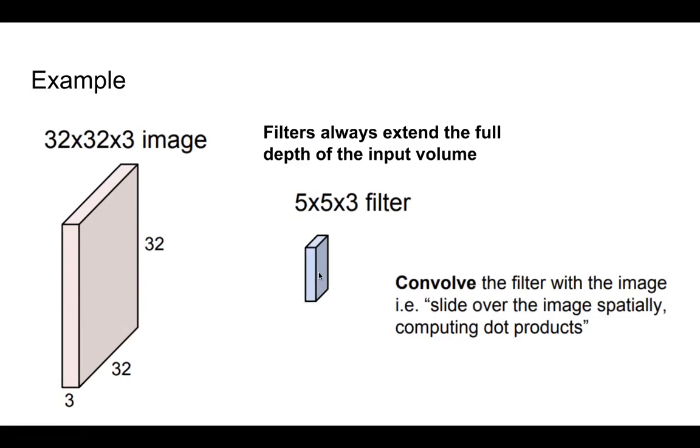If I place this filter on top of the image, it will take the entire volume and give one single value for it. This travel of the filter across the image is called the convolution operation. We say convolve the filter with the image, that is slide it spatially, computing dot products. We're just doing element-wise multiplication, which is the dot product.